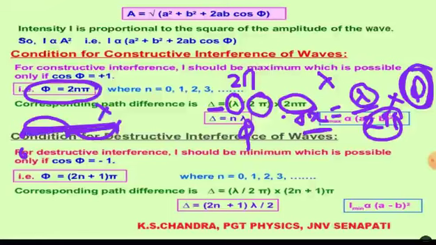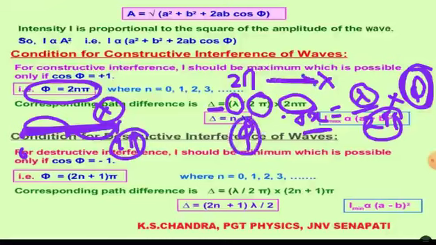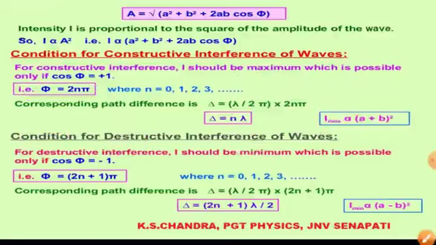For a phase difference of phi, the path difference, denoted by delta x, will be equal to lambda into phi divided by twice pi. Got it? That is what we have done.